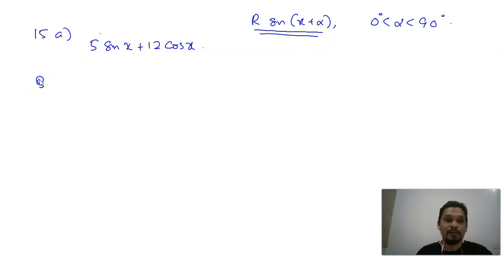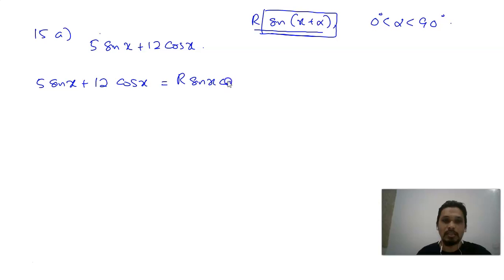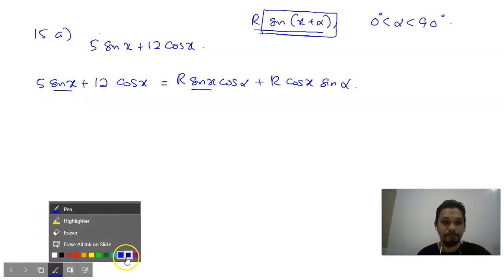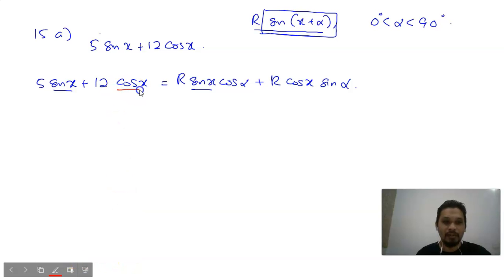So 5 sine x plus 12 cos x equals the expansion of this sine x plus alpha, where r sine x cos alpha plus r cos x sine alpha. Look at it, we have sine x and sine x, and cos x with cos x.